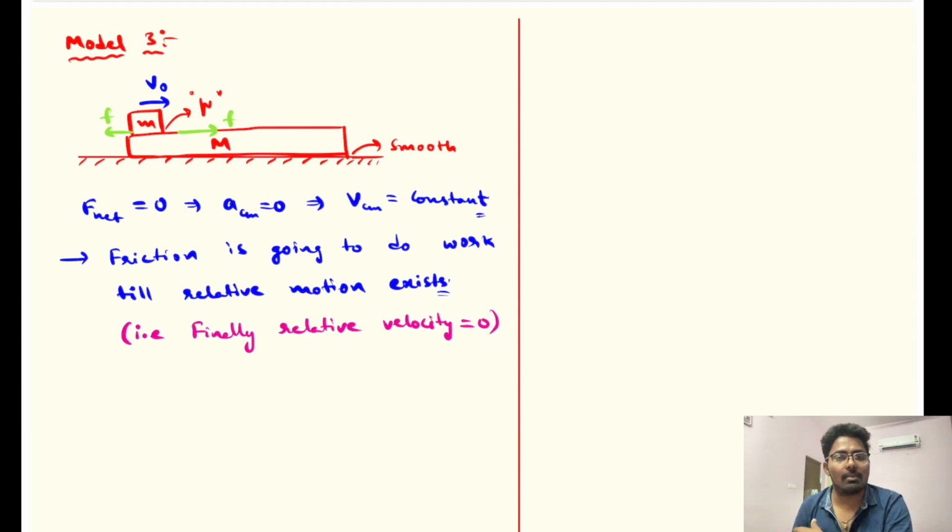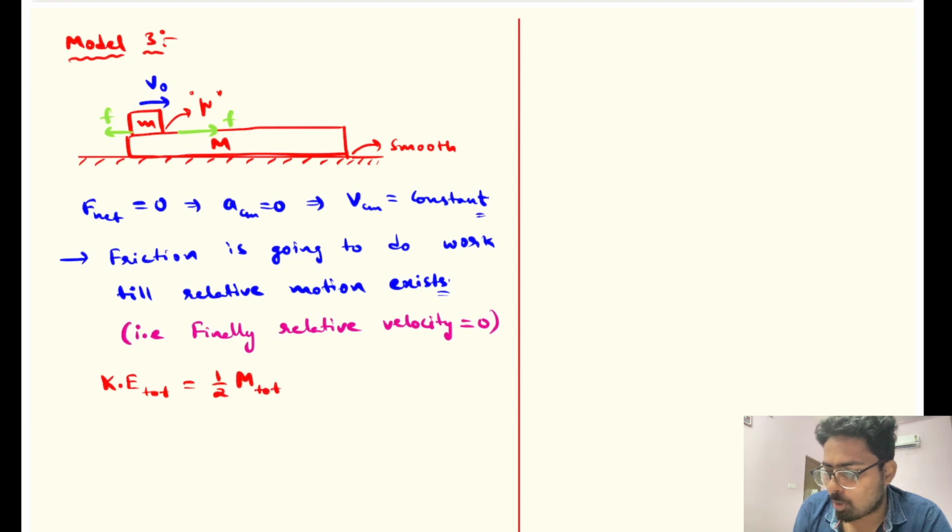Now v relative is zero, that means that energy is completely gone. In the total energy, the kinetic energy total is half M total into v_cm square plus half reduced mass into v relative square.